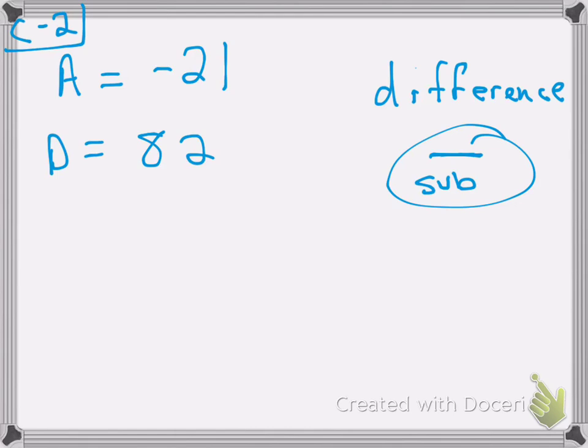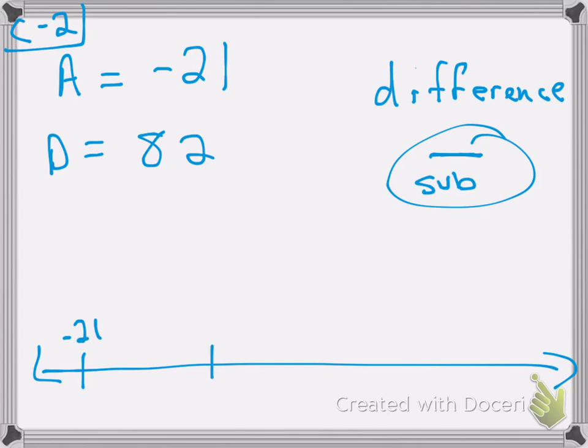Well, again, on a number line, we've got negative 21 over here. Say here's 0. We've got positive 82 here. All right? From negative 21 to 0 is 21 units to the right.